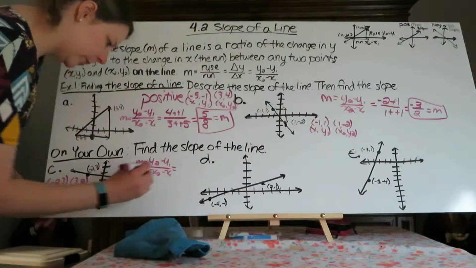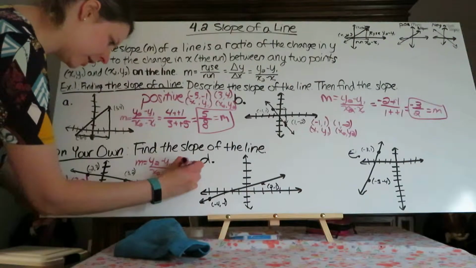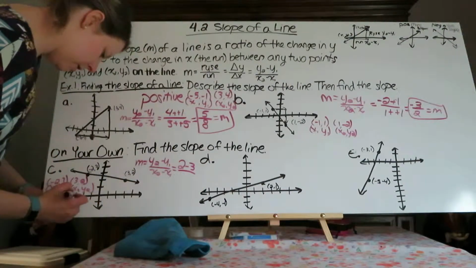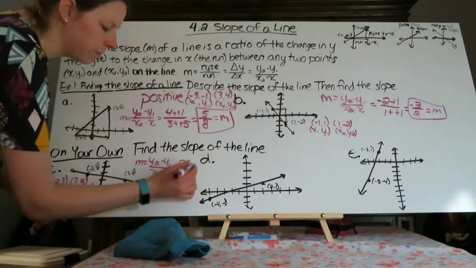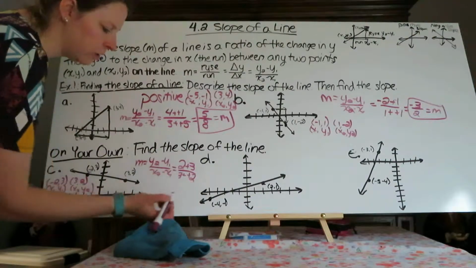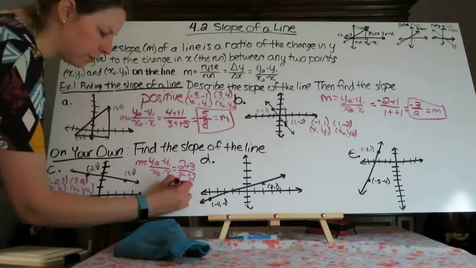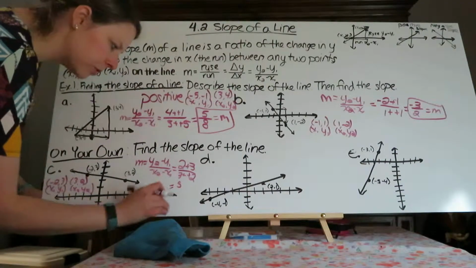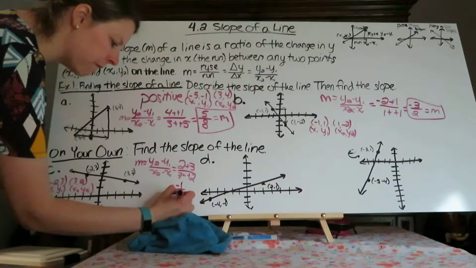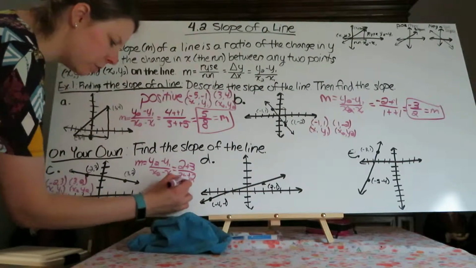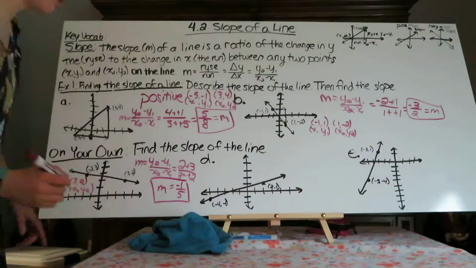So I'm going to plug my values in. 2 minus 3 divided by 3 minus -2. There's subtraction, so I'm going to add the opposite. I'm left with -1/5. So my slope is -1/5.